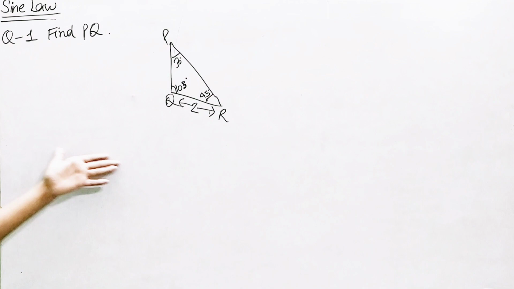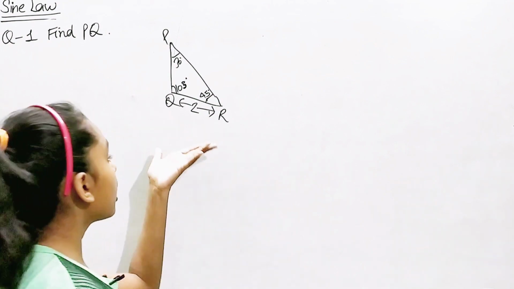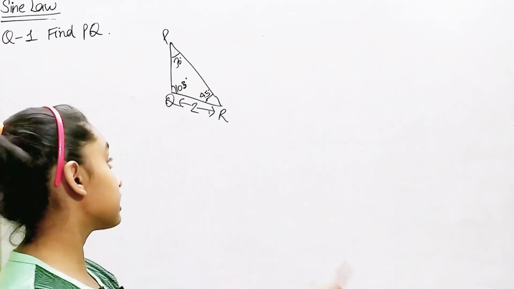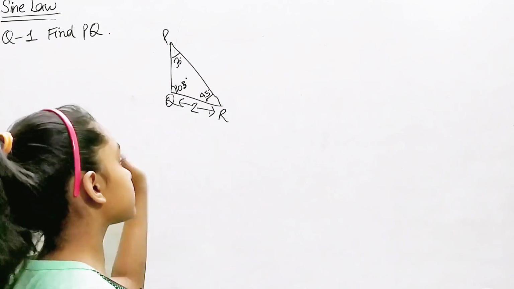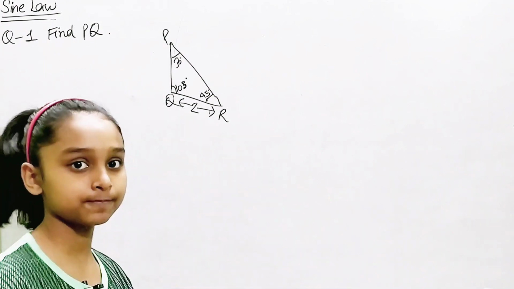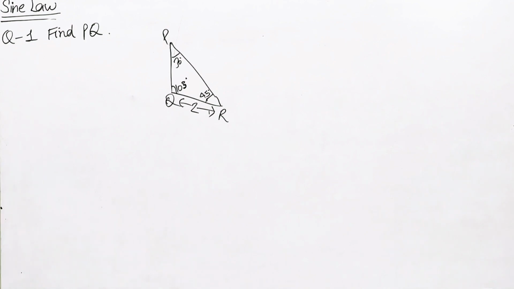So this is a triangle, and one side is given, and that is QR. The value of that side is 2, and all three angles are given to us.